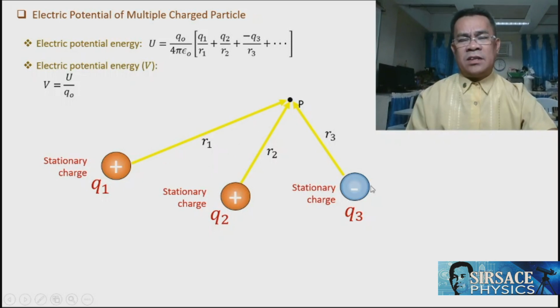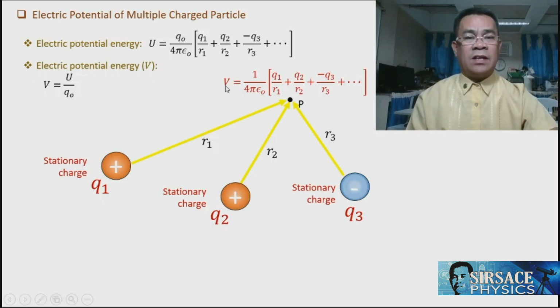Combine it algebraically, then multiply by 1 over 4 pi permittivity. Then the answer is the potential. Very simple calculations if we know the formula and the charge and its distance away from that point.